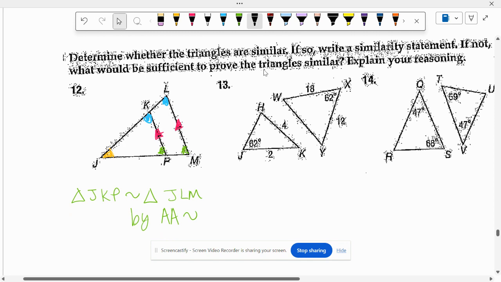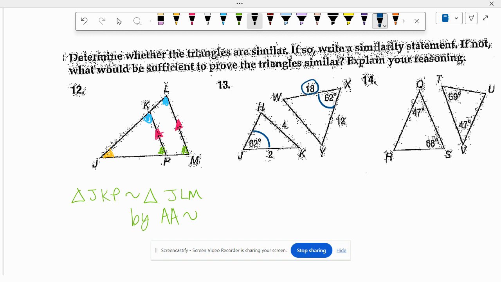What about this next one? Well, this is kind of tricky. You have a 62 and a 62, and if you look at the larger triangle, notice that the side measures are on opposite sides of the angle. So that would be a side angle side similarity. But is it set up the same way over here?